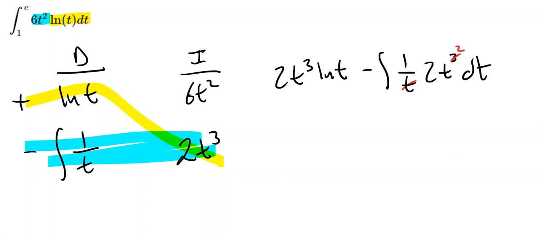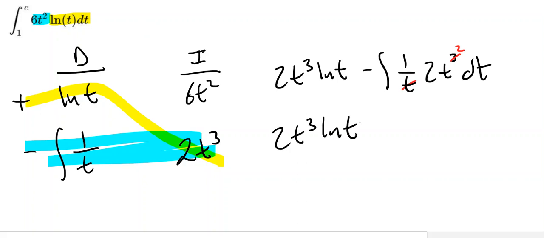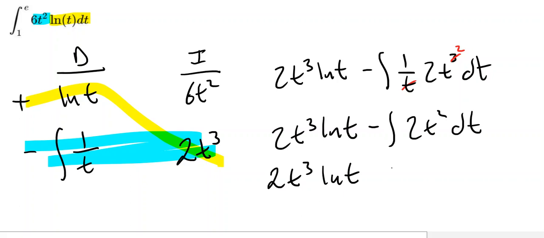And so we have 2t cubed log of t minus the integral of 2t squared dt, which becomes 2t cubed log of t minus 2/3 t cubed. And all of this is being evaluated from 1 to e.